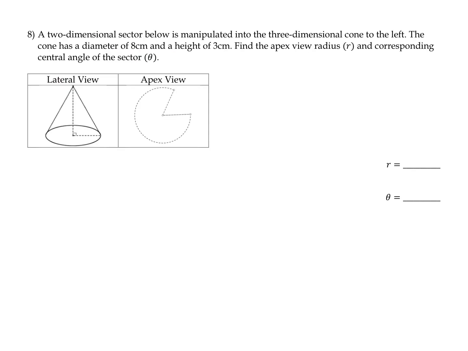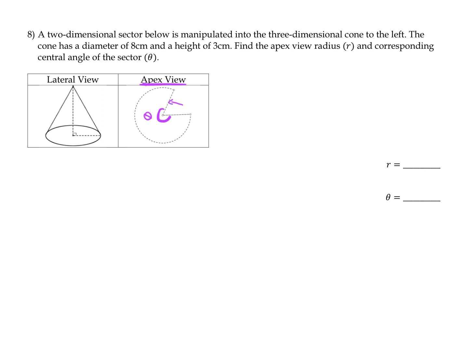Okay, this one says a two-dimensional sector below is manipulated into a three-dimensional cone. So we start with this apex view of a sector, and they're manipulating it into the cone. This is my angle theta.